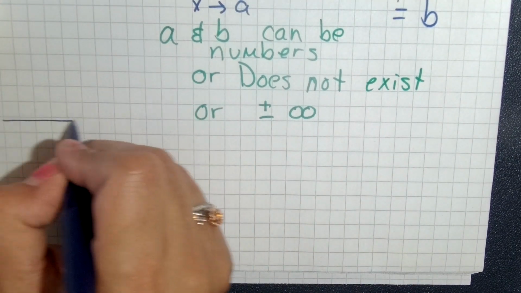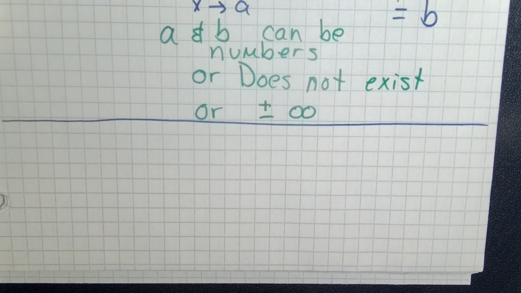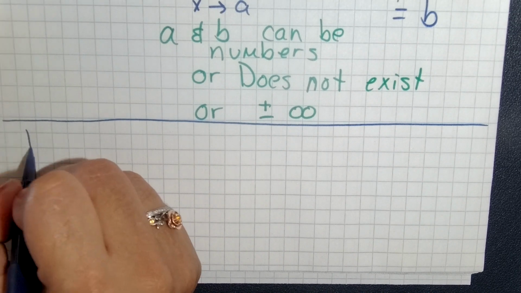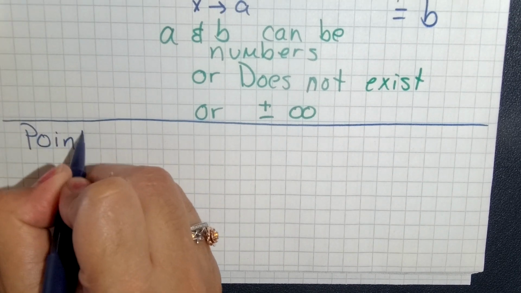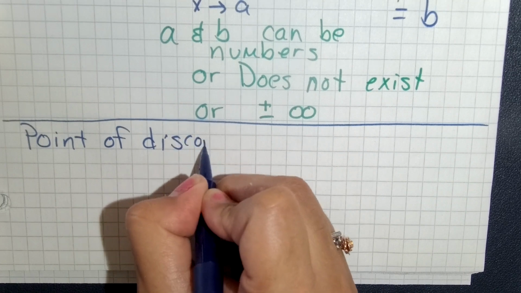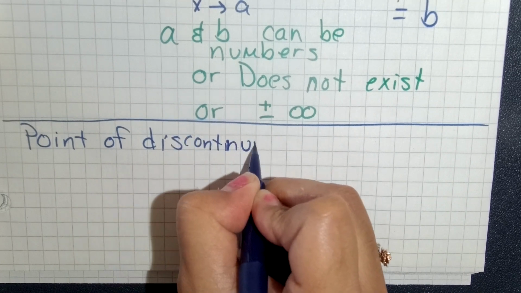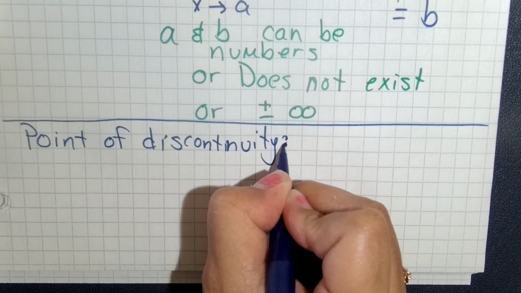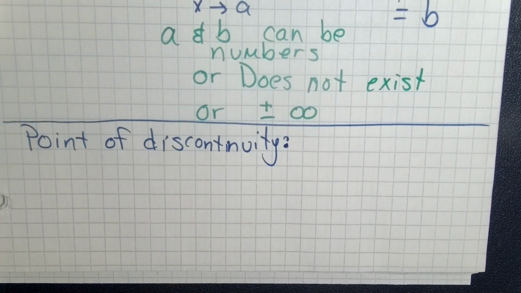Okay. We've got a few more definitions before we get into our examples. We have something called the point of discontinuity.